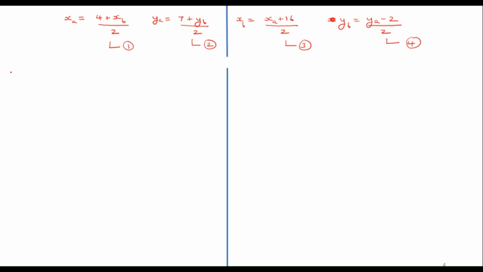We will substitute equation 4. This is YB, and YB is here in equation 2. So this entire part is YB. So instead of YB, I will put this entire part in this equation.